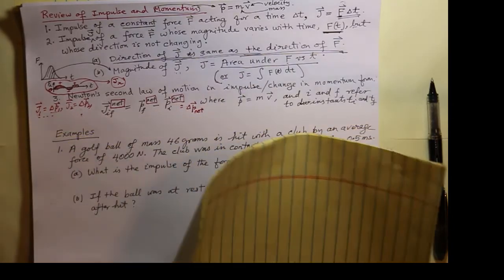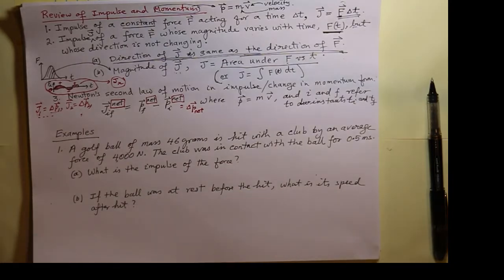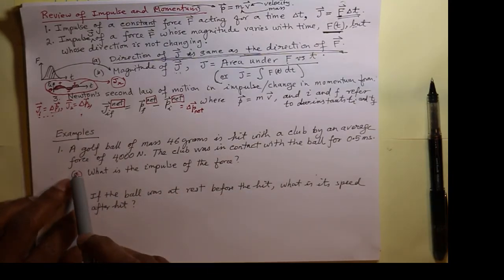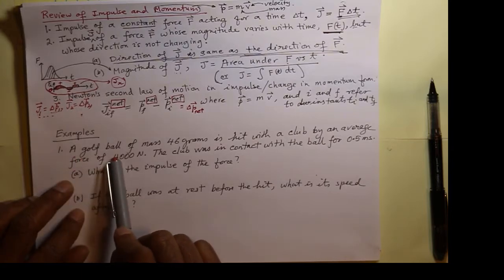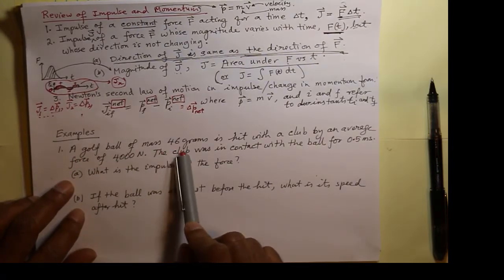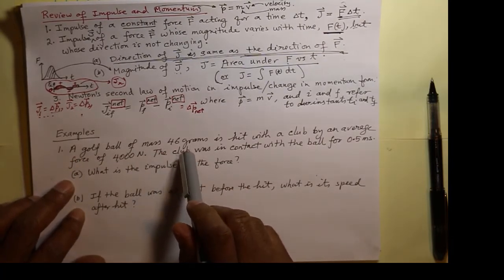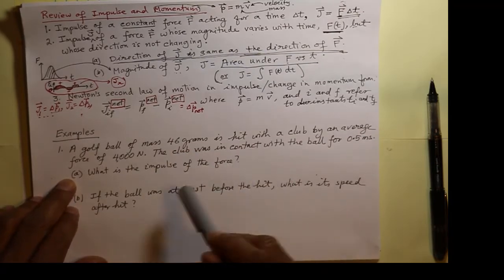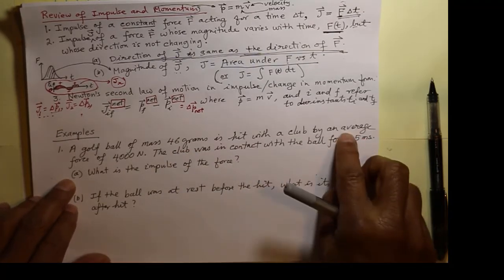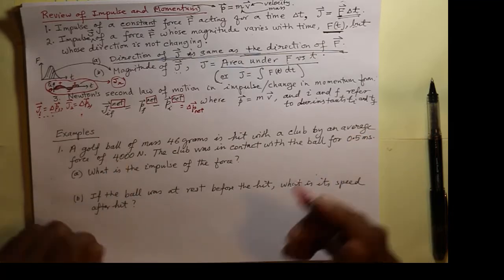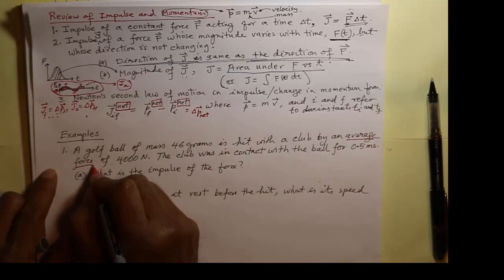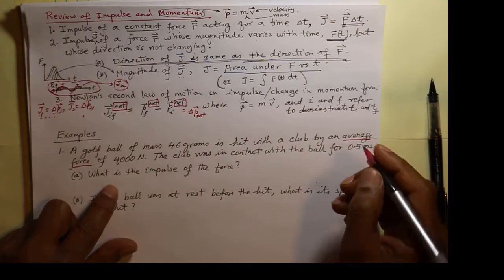Now let's look at an example where you can apply this. So let's look at an example of a golf ball of mass say 46 grams. I looked it up. Now you hit it with a club, and let's say the average force. When we say average force, that means we're thinking in terms of constant force.